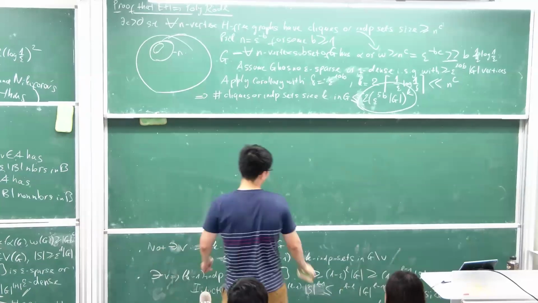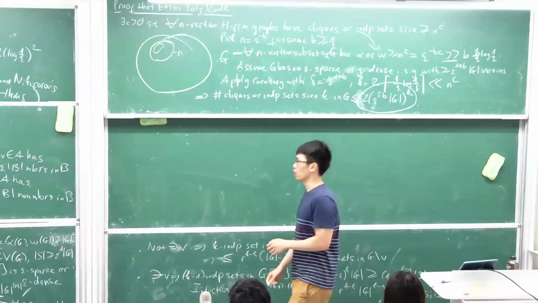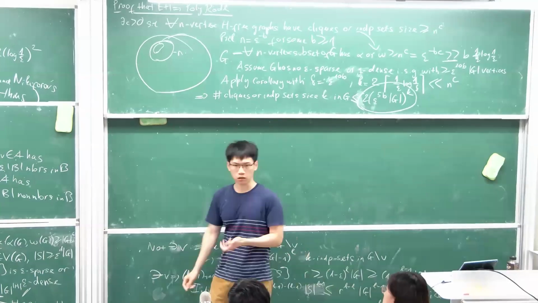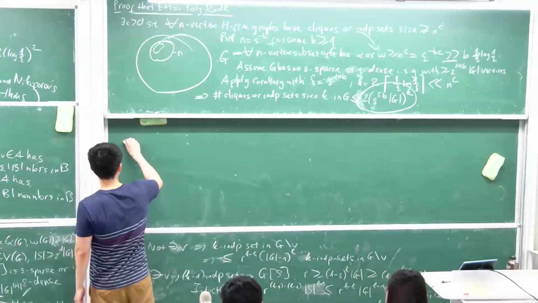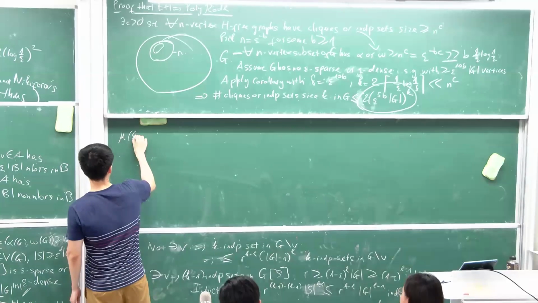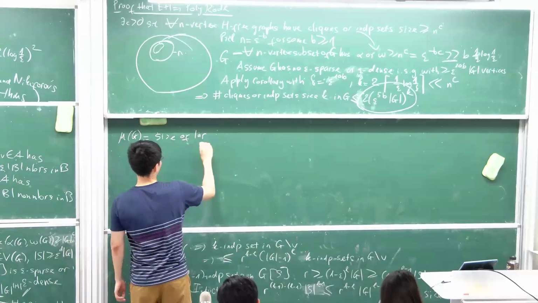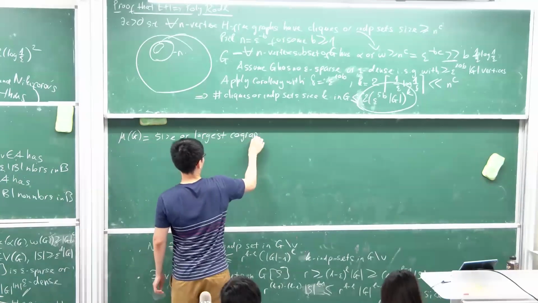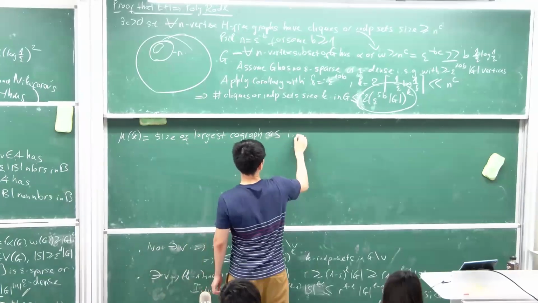There was an exercise asking you to prove that every n-vertex cograph is going to contain a clique or independent set of size at least root n. So now let me use the notation mu(G) for the size of the largest cograph as an induced subgraph.